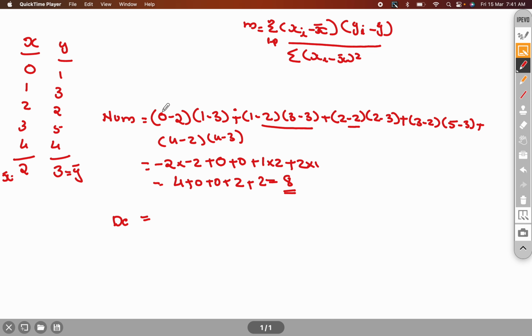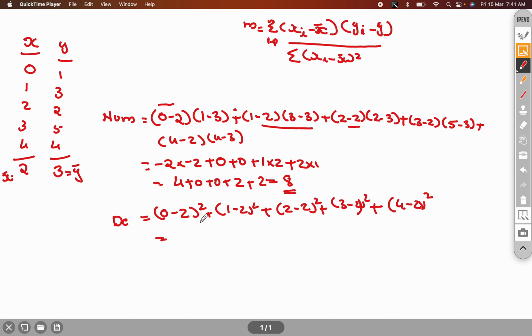So here we have 0 minus 2 all square, plus 1 minus 2 all square, plus 2 minus 2 all square, plus 3 minus 2 all square, plus 4 minus 2 all square.